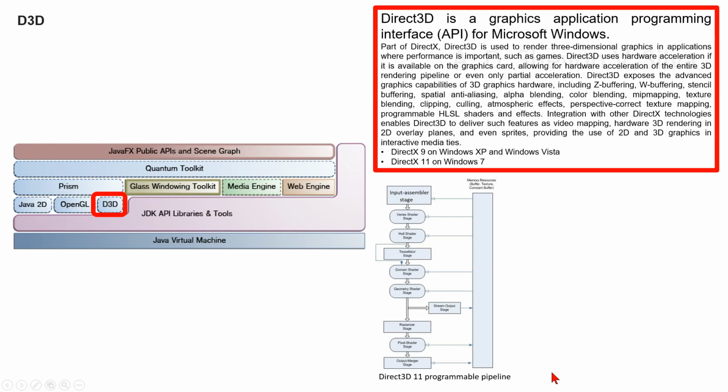The input assembler stage. The Direct3D 10 and higher API separates functional areas of the pipeline into stages. The first stage in the pipeline is the input assembler (IA) stage. The vertex shader stage. The vertex shader (VS) stage processes vertices from the input assembler, performing per-vertex operations such as transformations, skinning, morphing, and per-vertex lighting.